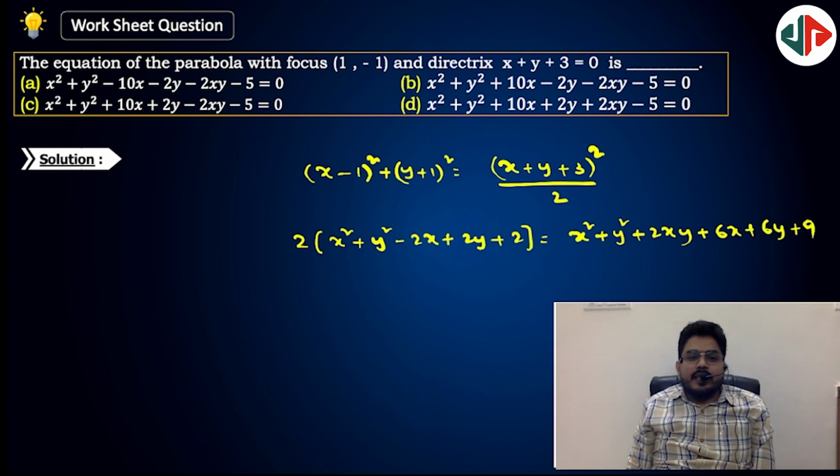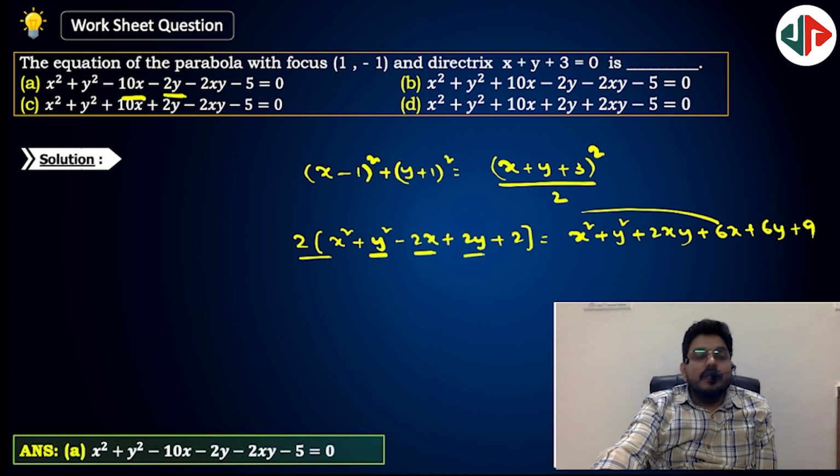So you can take it as x square plus y square minus 2xy minus 10x minus 2y minus 5 is equal to 0, which is the answer.